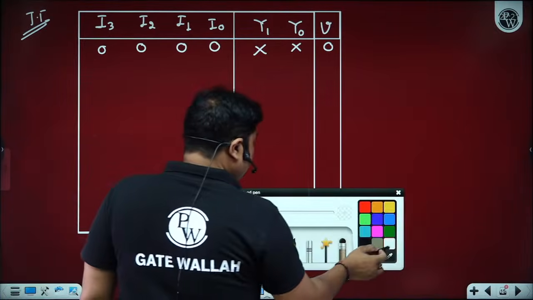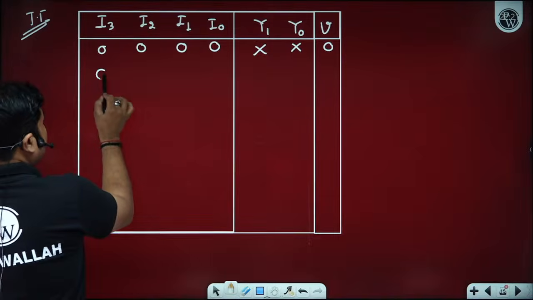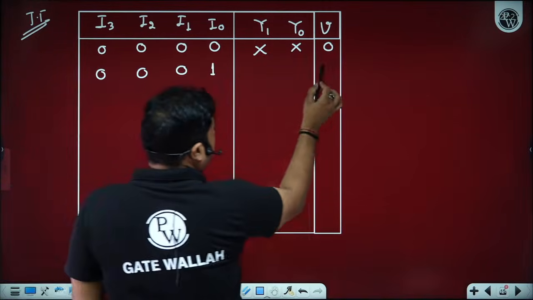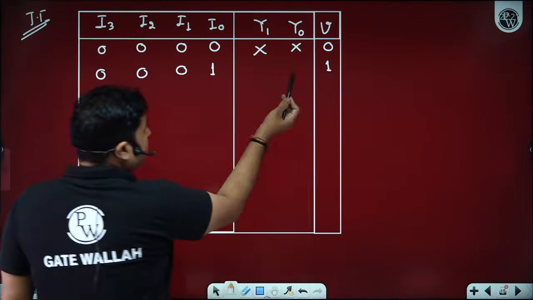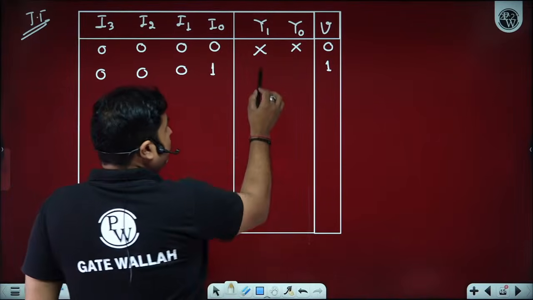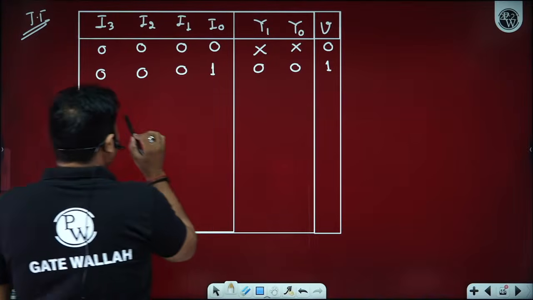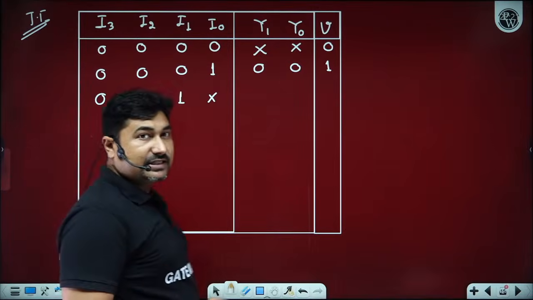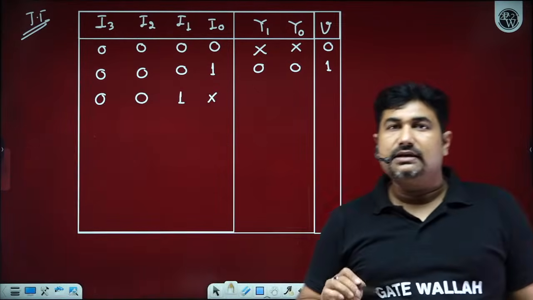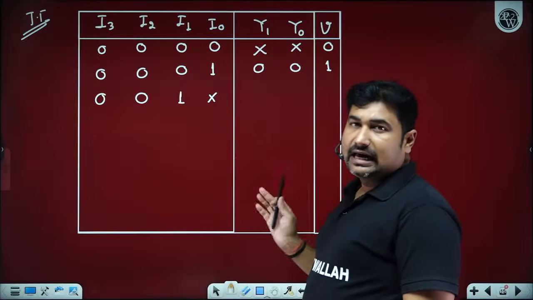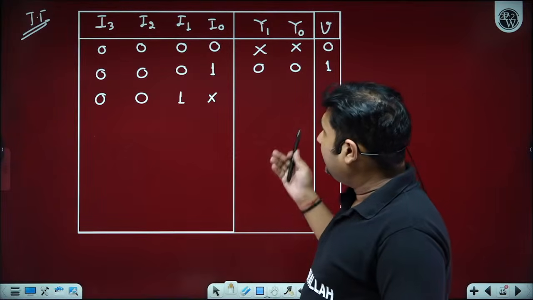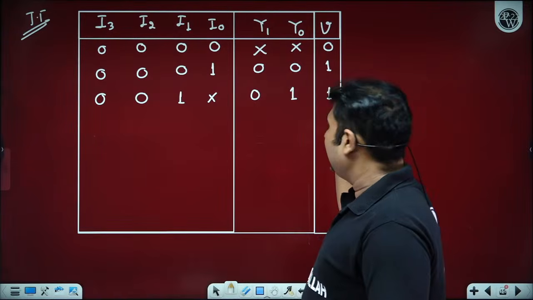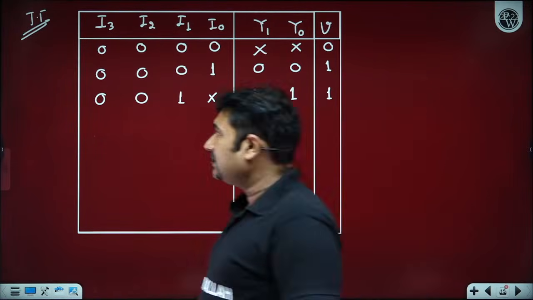Now, in case if we have I0 high, and all others are low, only I0 is high, then valid output indicator will be high and you will get the binary of 0. In case if I1 pin is high, irrespective of I0, I0 can be 0 or 1, it doesn't matter. If I1 is high, I2, I3 are low, you will get the binary of 1 only and valid output indicator is high if any of the input is high.